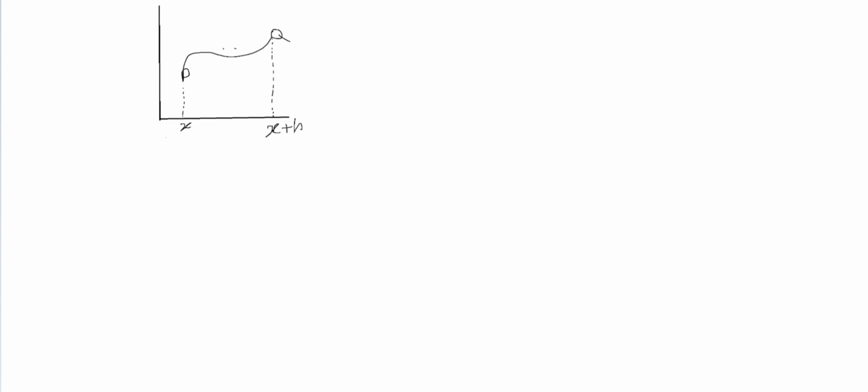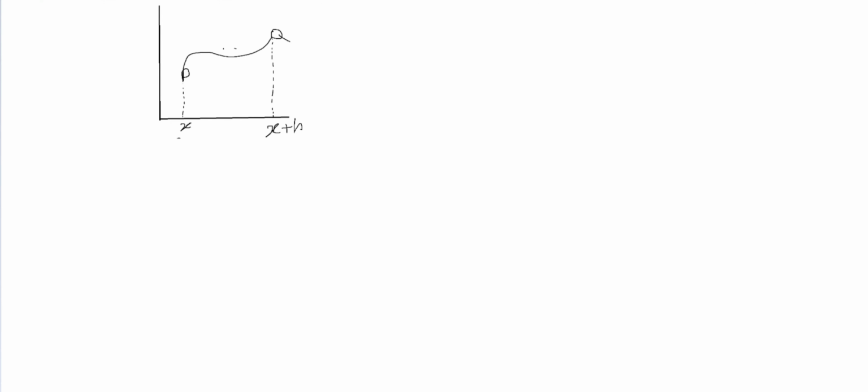Why is it x plus h? Let's say, for example, this one is 3 and that one is 10. The difference between them is 7, and h is going to be 7. That's just an example. So h is just the difference between x and x plus h. That's where h comes from.